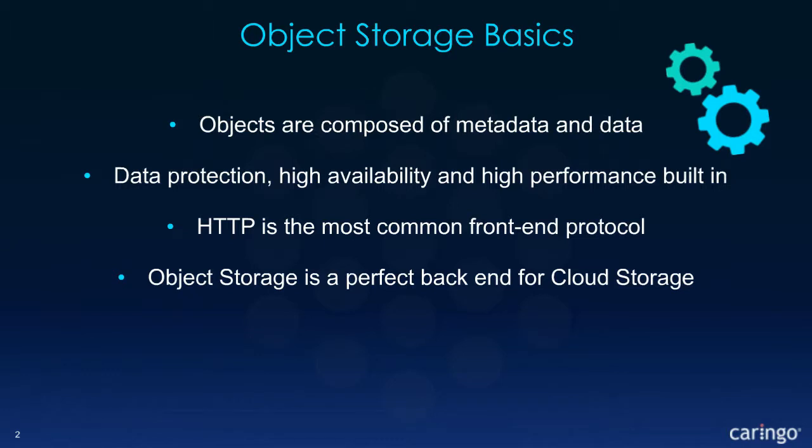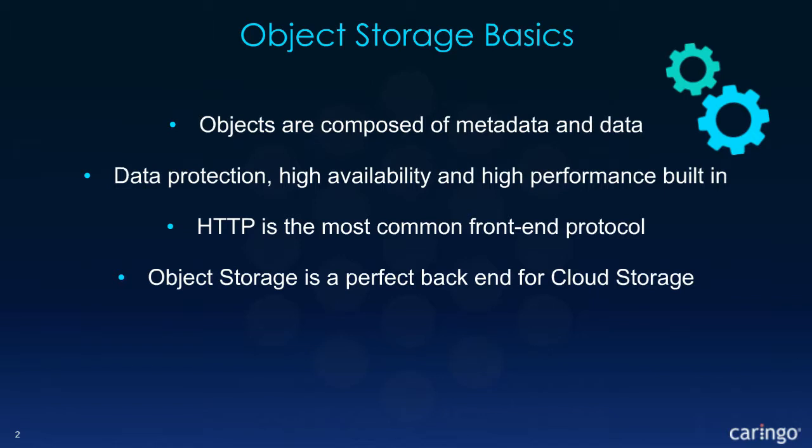This is sort of the central relationship. It's a one-to-one relationship, even though metadata can be understood as singular or plural. If there are no metadata, it's not really an object. And so this can sort of instantly distinguish object and object storage from file and file storage.